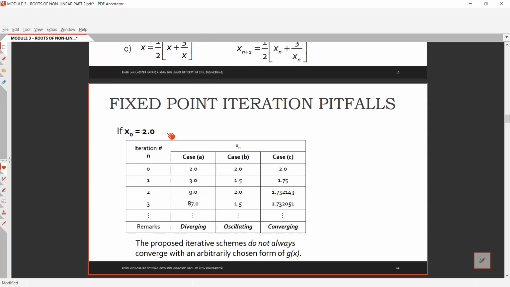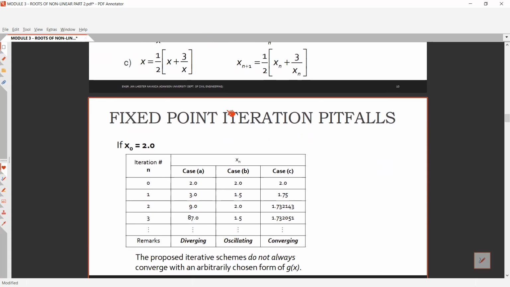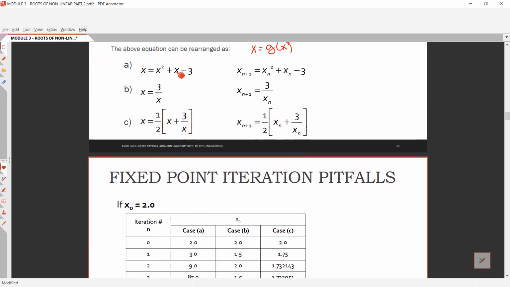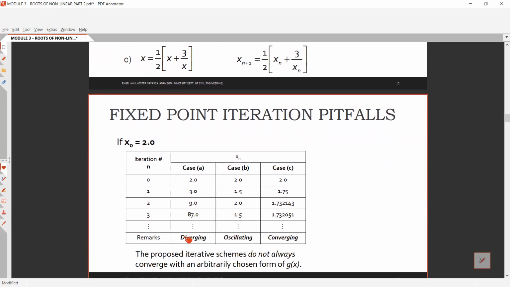Let's say your first initial guess x sub 0 is equal to 2.0, using the three cases. The first case, x equals x squared plus x minus 3, is diverging. That means the values are going to infinity, so you will not get any possible answer for this one.